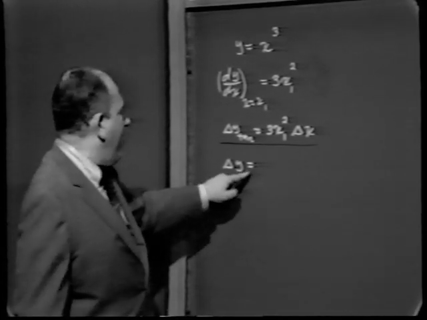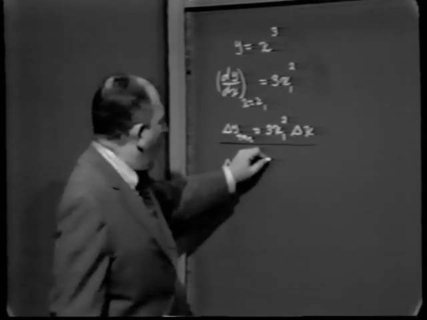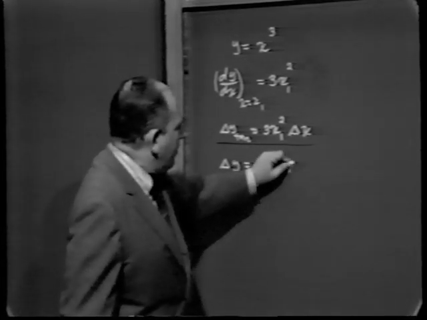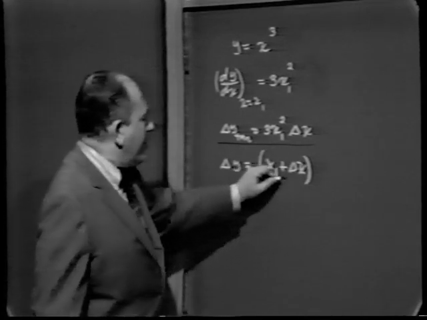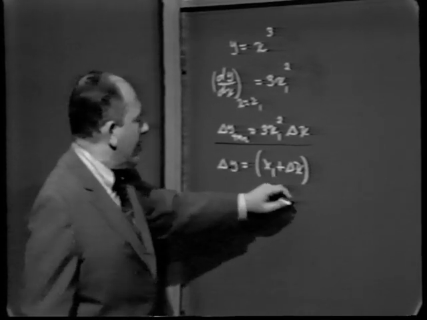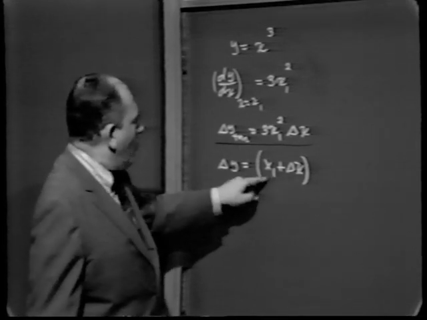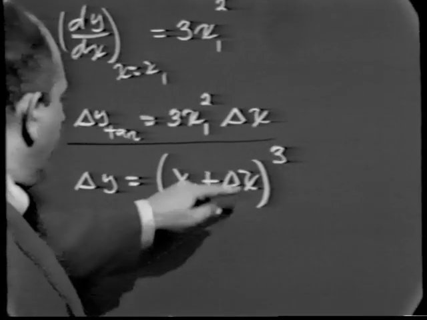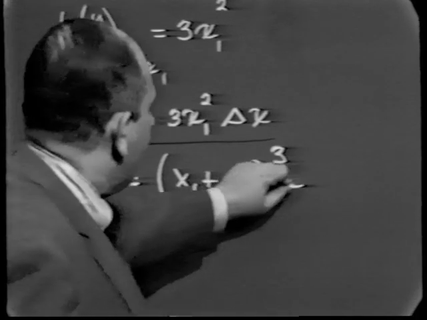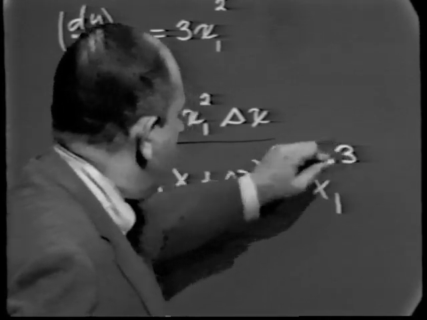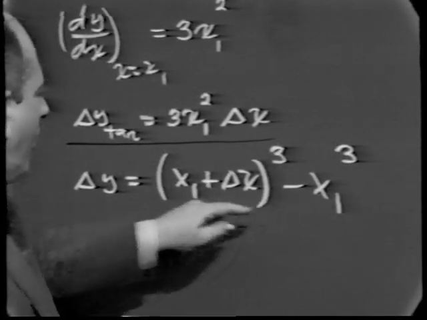Namely, what is the exact value of delta y? Well, we want to compute this between x equals x1 and x1 plus delta x. Well, what is the value of y when x is x1 plus delta x? It's (x1 plus delta x) cubed. Then we subtract off x1 cubed. And if we expand this, watch what happens.